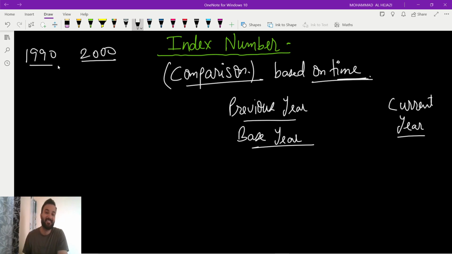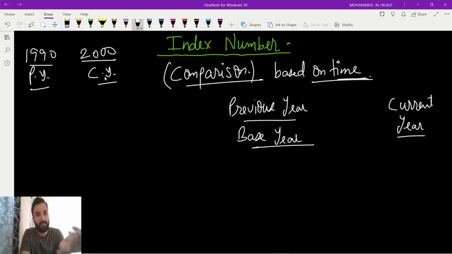Correct. 1990 is the previous year and 2000 is the current year. The previous year is also called the base year. Now the very important thing: in the question, if they do not mention anything and just say 1990 and 2000, obviously we know that 1990 is the previous year and 2000 is the current year.